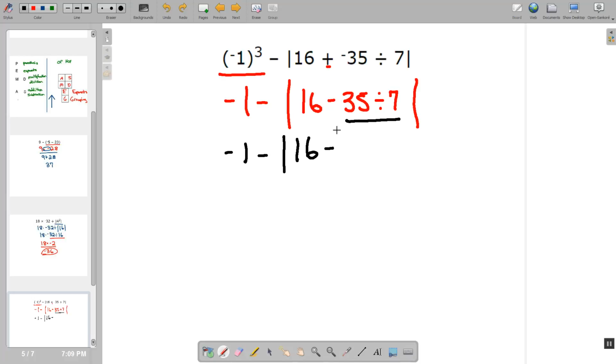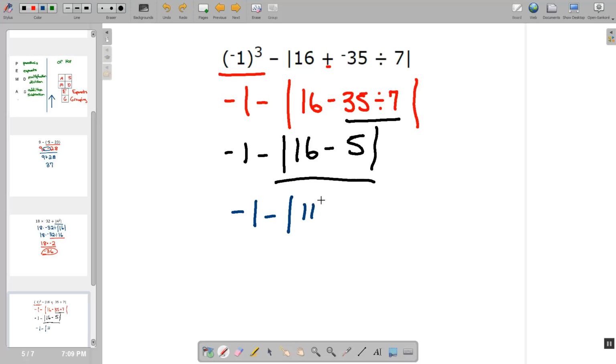35 divided by 7 is actually a positive 5. If you included this negative, you would end up getting the same work either way. So that is not a problem at all. Then we are going to do the rest inside the parentheses, or the grouping symbols here. 16 minus 5 is 11.